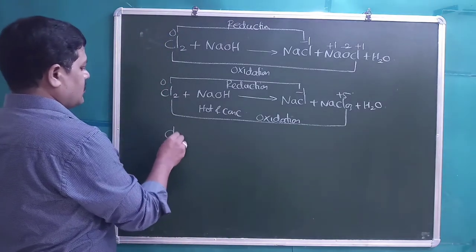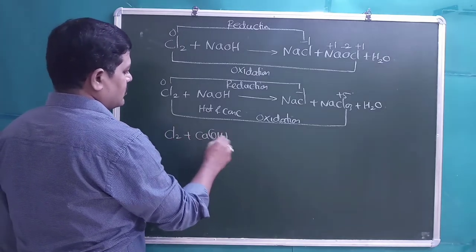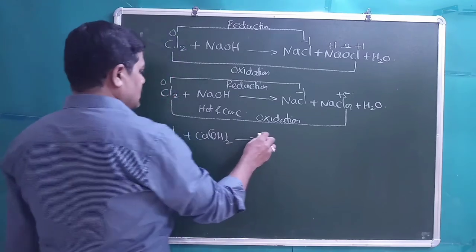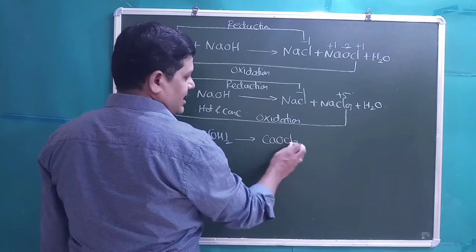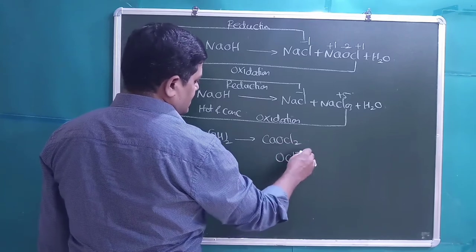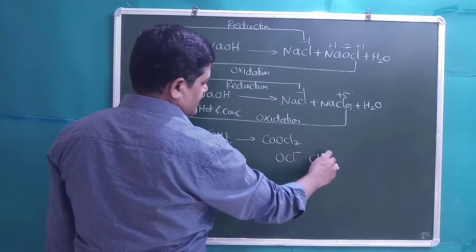Similarly students, when chlorine reacts with calcium hydroxide, it gives us bleaching powder, CaOCl2. In CaOCl2, chlorine has two different oxidation states. It has the OCl minus ion and the Cl minus ion.